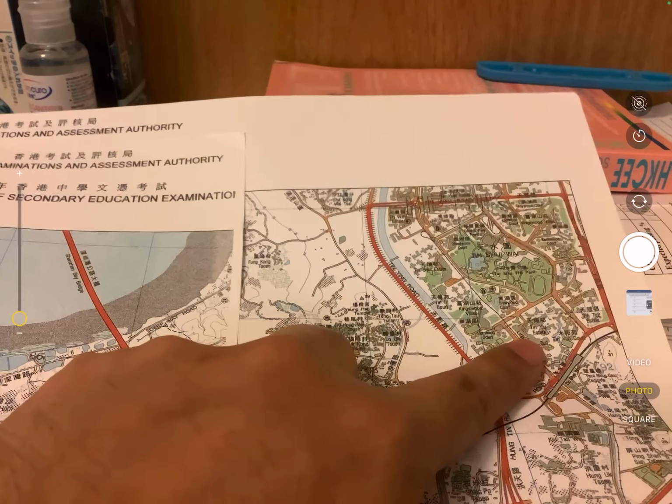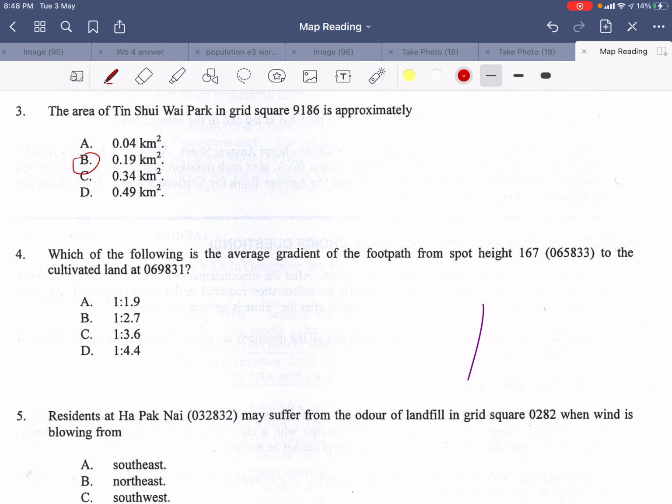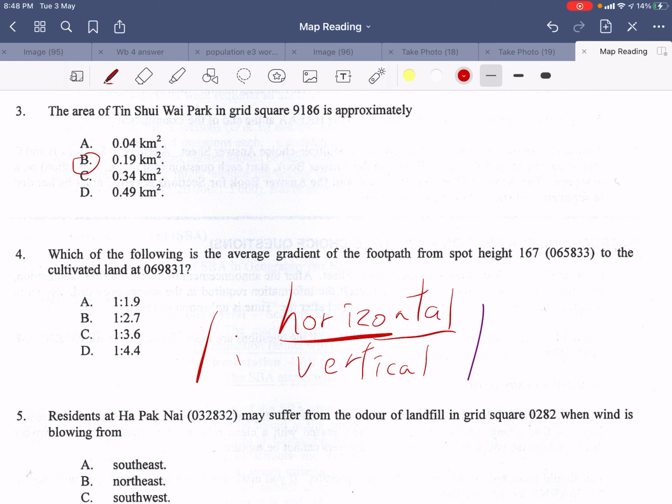And then for the one here, which is talking about the gradient, and I said before, gradient equals vertical over horizontal, isn't it? So accordingly, how to calculate the vertical and horizontal, we should be 167 minus 30.